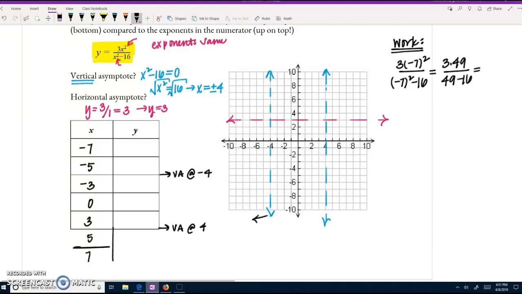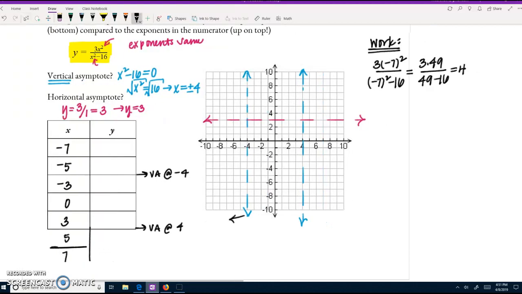Okay, so when I plug in negative 7 and I divide here, my result ends up being about 4.46 if I round. So I've got that point there. So if I plot, negative 7 is right about here, and then 4.46 is going to be right there.